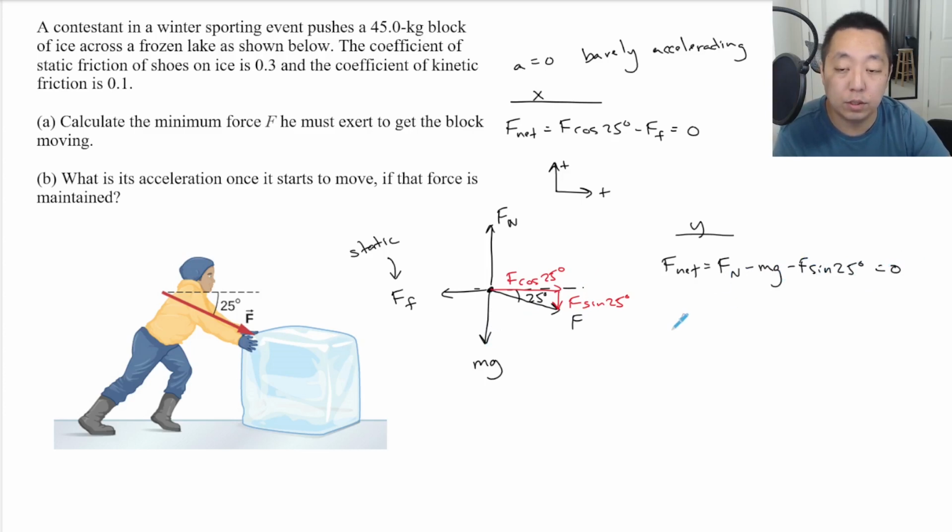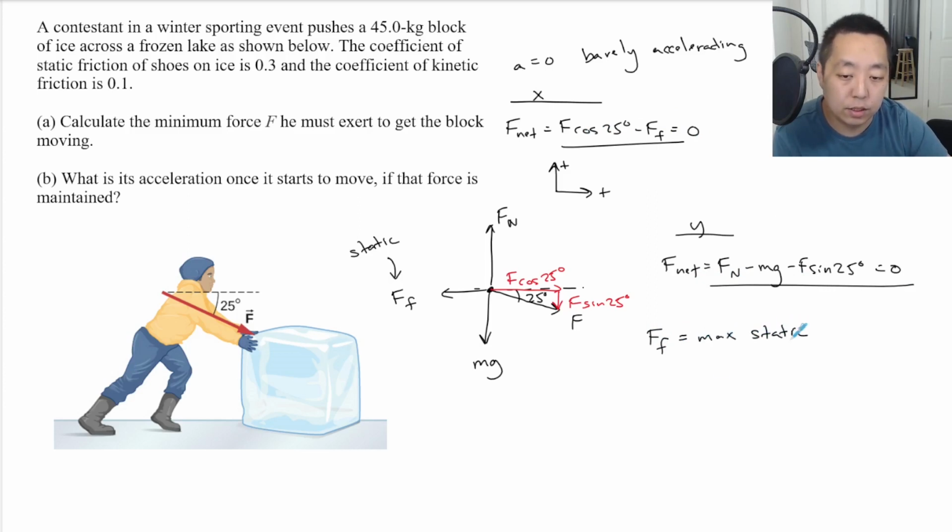That also equals 0. Now, the force of friction equals the maximum static friction, which equals mu s times the normal force. So this first equation is really F cosine 25 degrees minus mu s Fn equals 0.